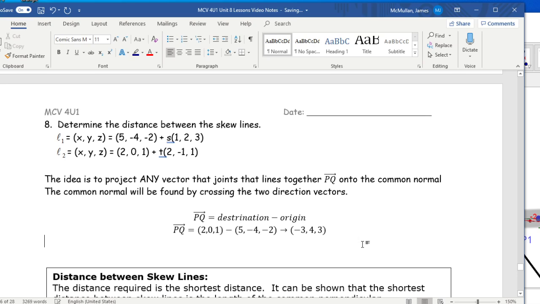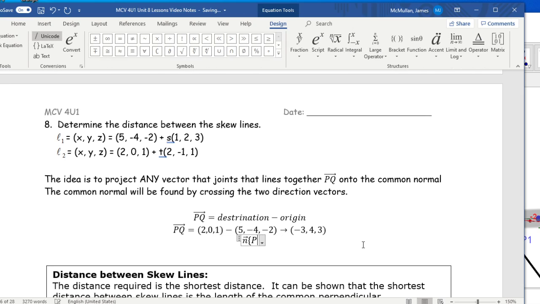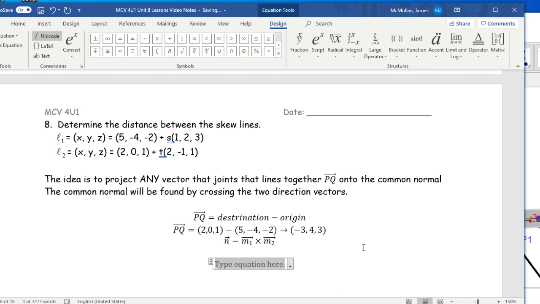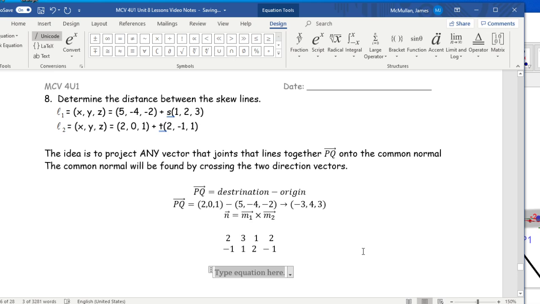Now the normal vector is going to be m1 times m2, and we're just going to cross them. Take m1, so again, start with the 2, then the 3, then the 1, then the 2 again. Negative 1, 1, 2, negative 1 again. And we go through and cross each of them.